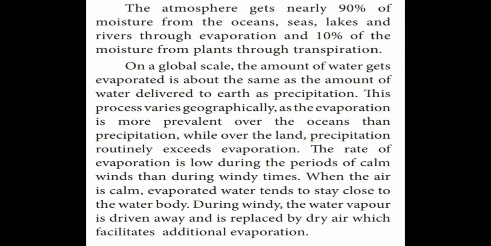Next, the atmosphere gets nearly 90% of its moisture from ocean, sea, lakes and rivers through evaporation, and 10% of the moisture from plants through transpiration. So 10% from the plants through transpiration, and 90% we get from what?